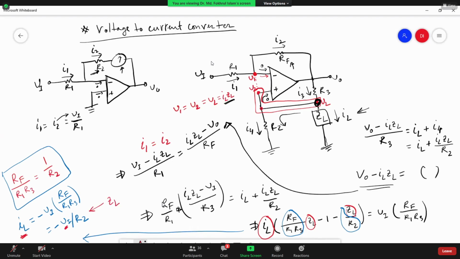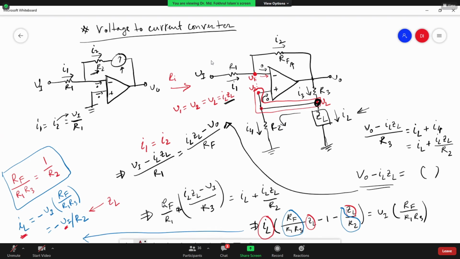Okay. So from here we can say that the input resistance seen by the voltage source VI, from this side, Ri, is basically infinite and is actually a function of the load impedance ZL. And for a constant IL, a change in ZL produces a change in VL, which is V2 or V1.